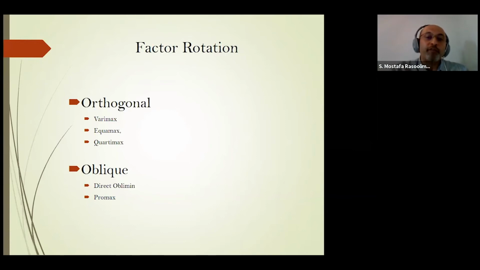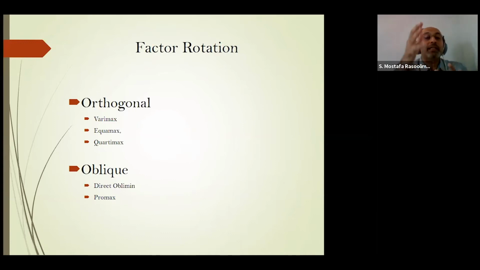There are two types of factor rotation: orthogonal factor rotation and oblique factor rotation. Under each one, we have a few types: Varimax, Equimax, Quartimax under orthogonal, and under oblique we have direct oblique and Promax. So what is the meaning?